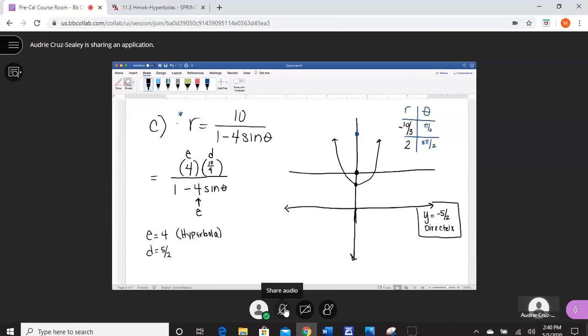Oh, so this point is not right here. Shoot. That point that I'm going to make a ghost of, which was over here, is not right there. It's over here. So that means that this is going to go this way. How do I know that?